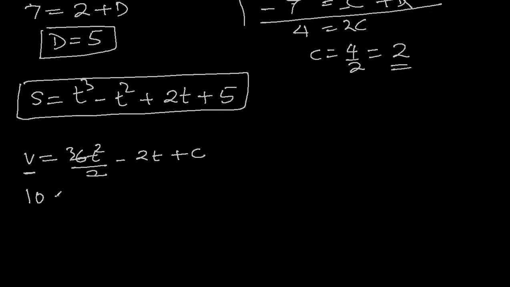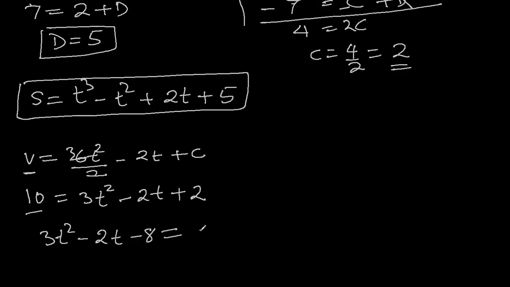Velocity 10 equals 3t square minus 2t, and c we got now is 2. Okay, so let's bring 10 also to the right side. It becomes 3t square minus 2t minus 8 equals 0, right? 2 minus 10 will be minus 8.